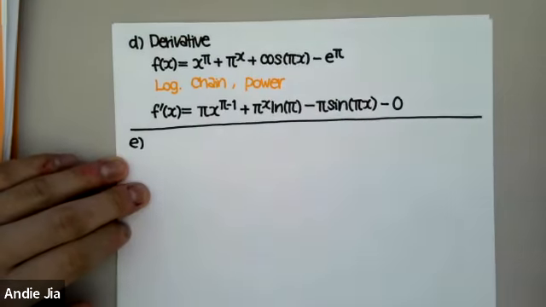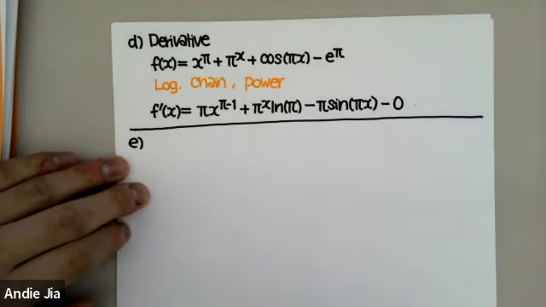Question E. Okay, this is a function to another function, like a power function to another function. So it's logarithm differentiation.